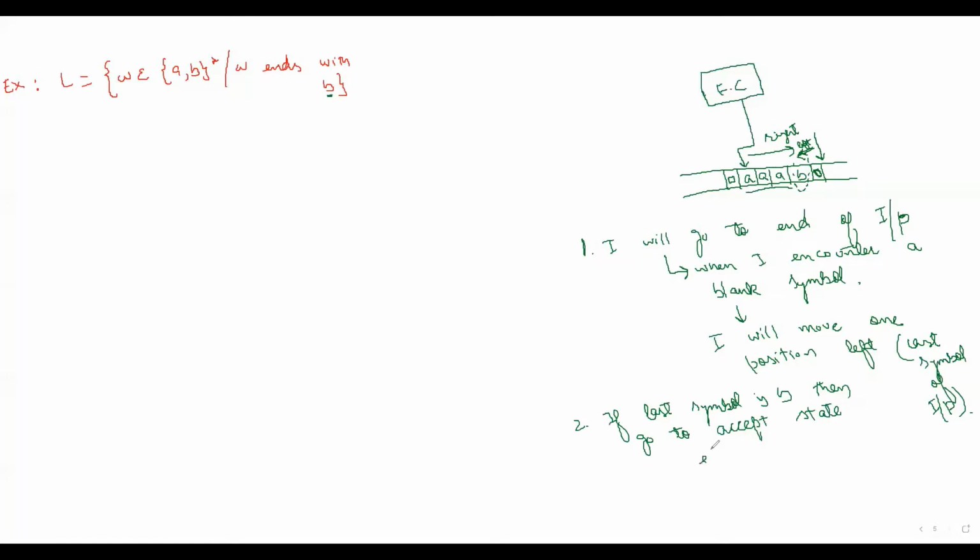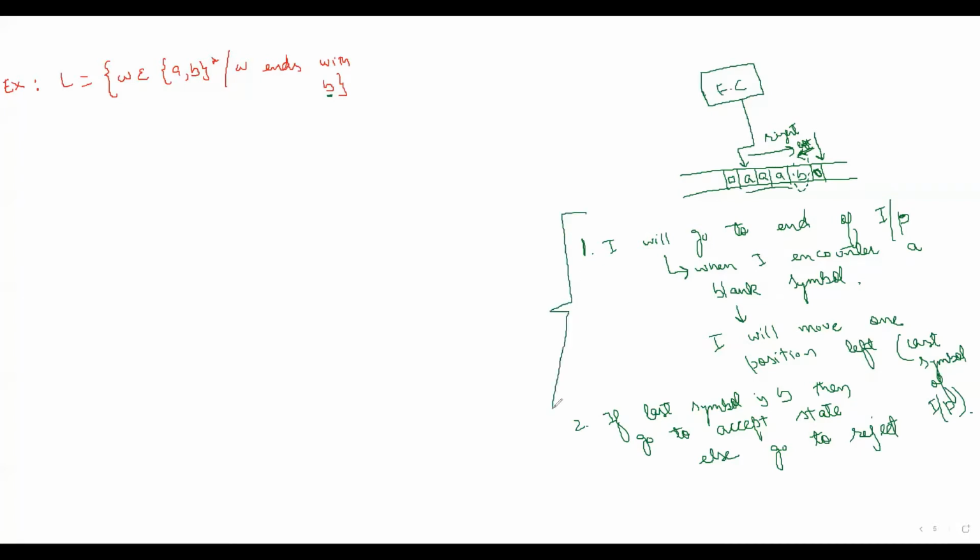Else go to reject state. So that means this Turing machine will accept only those inputs where the last symbol is B, and all other inputs, it will reject. So this is the general algorithm.